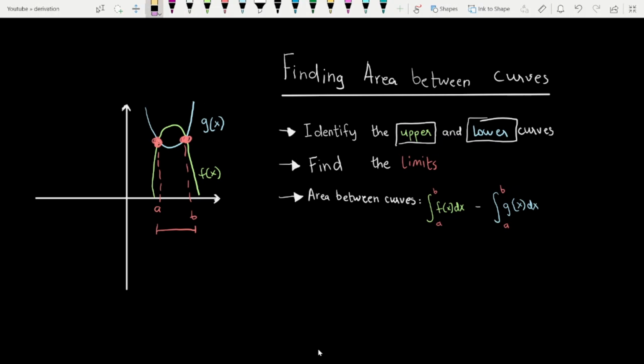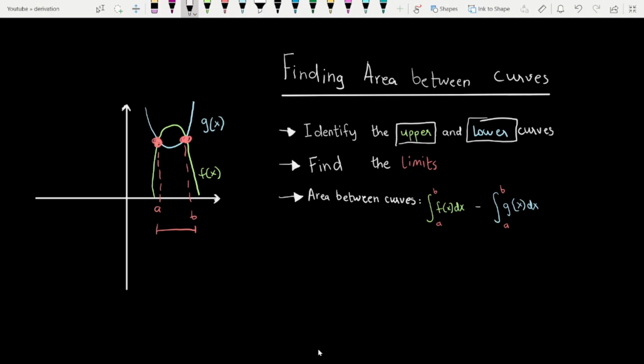And this is where you're going to be using a lot of coordinate geometry. You have to realize that this blue curve is intersecting this green curve at these 2 points, and so you have to solve a simultaneous equation system to get these 2 points A and B. But that's coordinate geometry, that's not integration. We're here to do some integration.